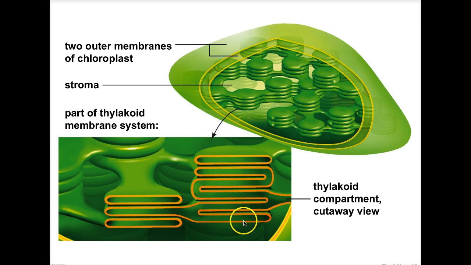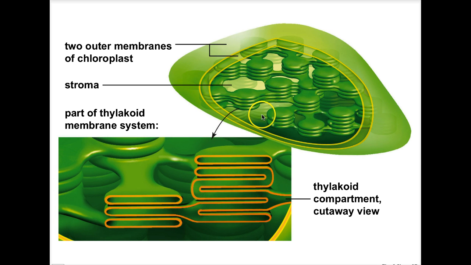So where they've highlighted this orange cut-in view of a thylakoid membrane, that's where the enzymes that are responsible for taking the energy from sunlight and using it to produce ATP and NADPH, along with the pigmented molecules, are located on the thylakoid membrane.